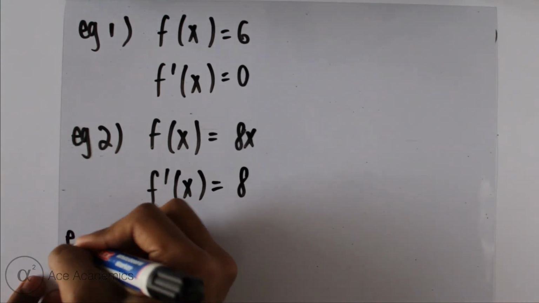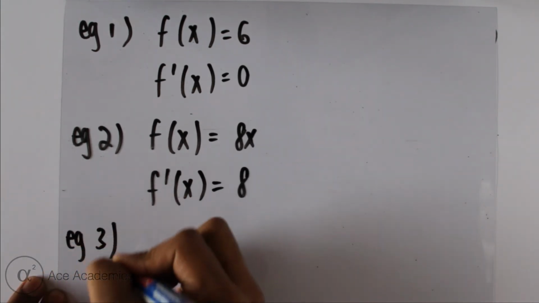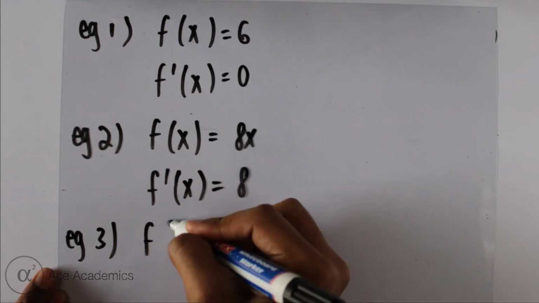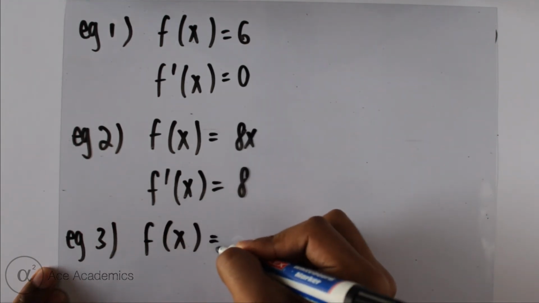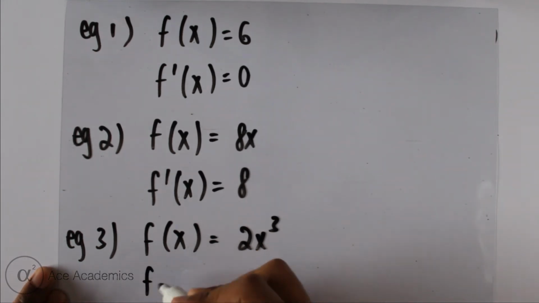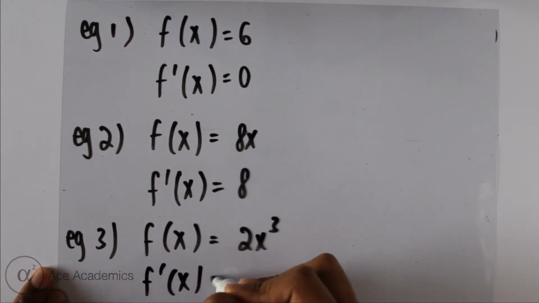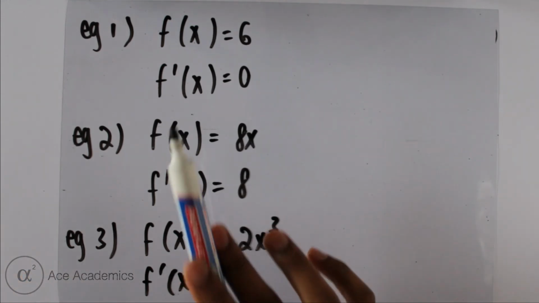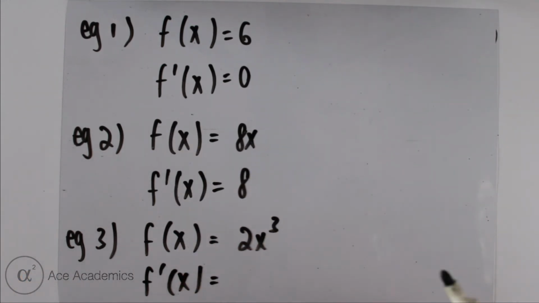Right, let's look at a third example. If our function is equal to 2x cubed. Notice we only put in the derivative notation once we do the derivative of the function.